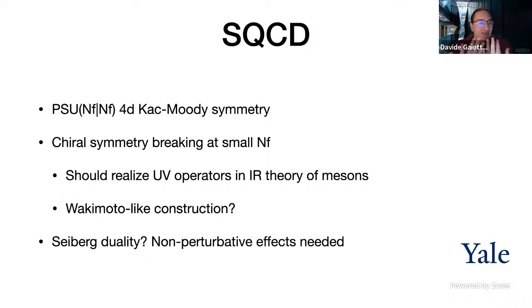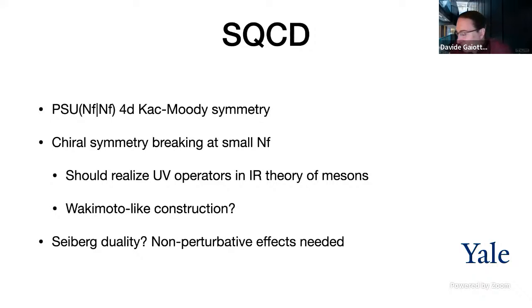As a consequence, the low energy theory is expected to be a theory of massless mesons valued essentially in SU(NF), with a left and right action of the two SU(NF)s. This is what the physics makes us expect.